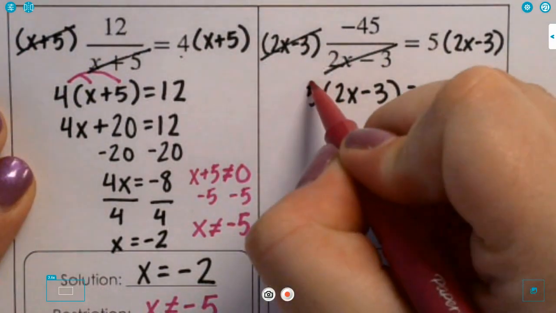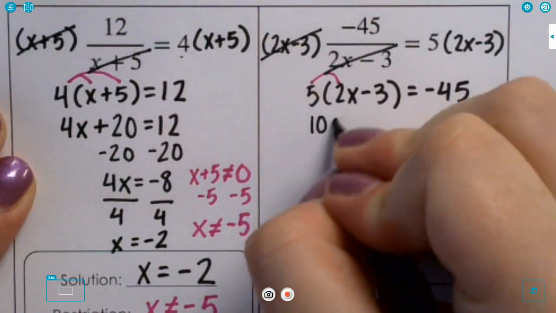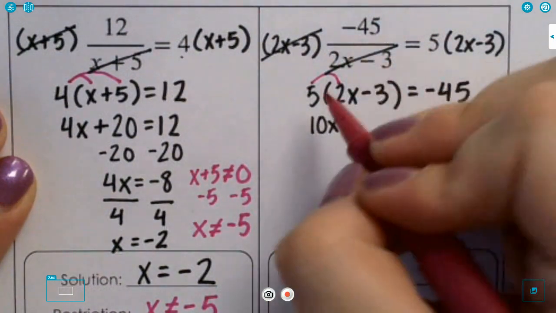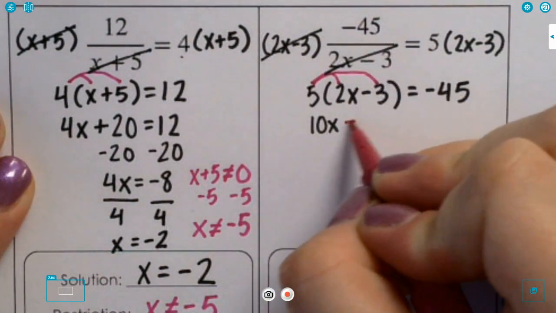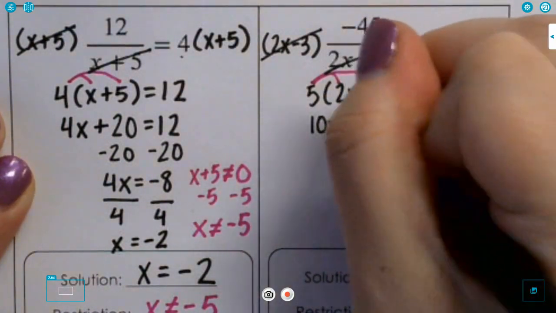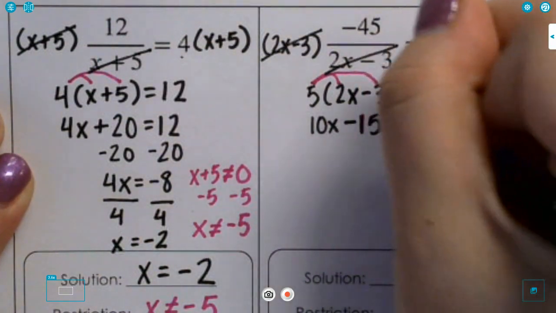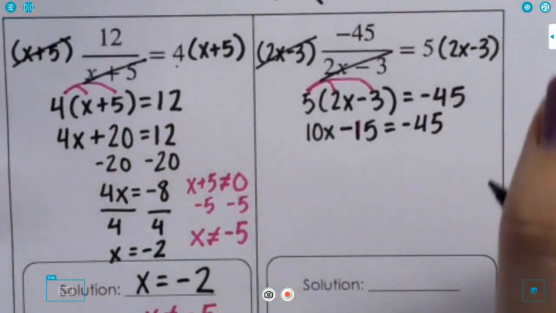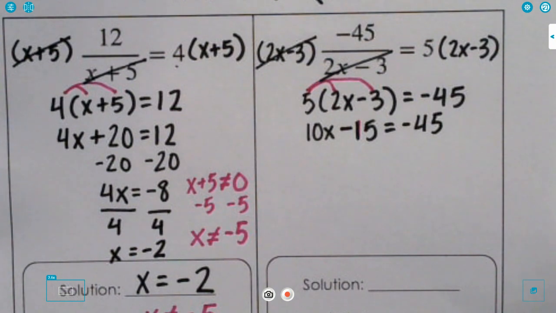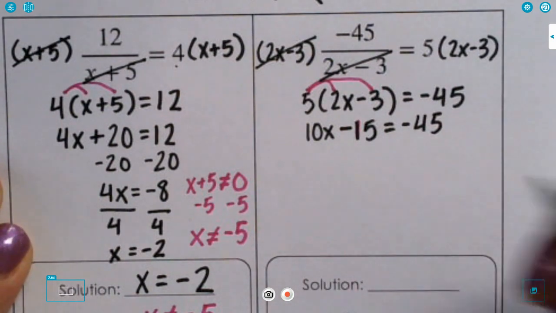So I'm going to do 5 times 2, which is 10x, 5 times negative 3, which is minus 15. That's the wrong color. Minus 15 equals negative 45. From there, we're going to get rid of that minus 15 by adding 15 to both sides.